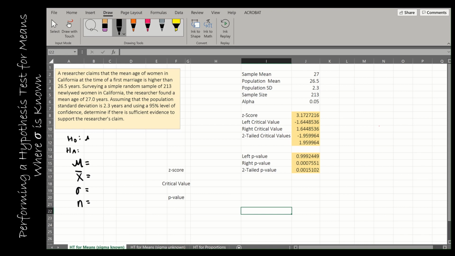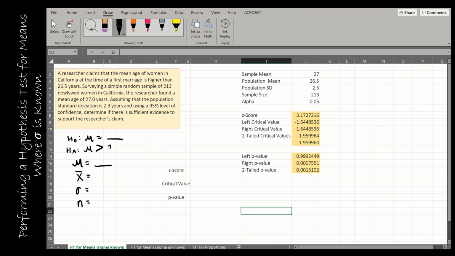Our null hypothesis is always going to be the same as the population mean, or what we expect the mean to be. So it says the researcher claims the mean age of women at the time of first marriage is greater than 26.5 years. Anytime you're given that direction inside of your question, that's your alternative hypothesis.